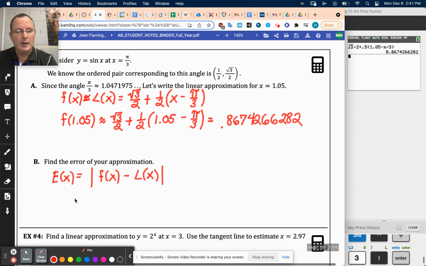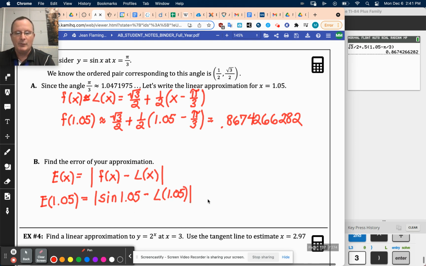In this case, the error at 1.05 is going to be sine of 1.05 minus this value, which I'll just call L of 1.05. Whichever one was on top determines whether this is negative or not, but if we don't want to think about it, we just put an absolute value.